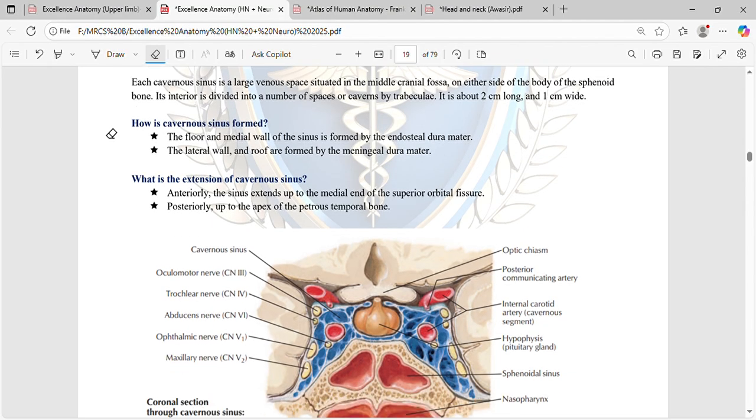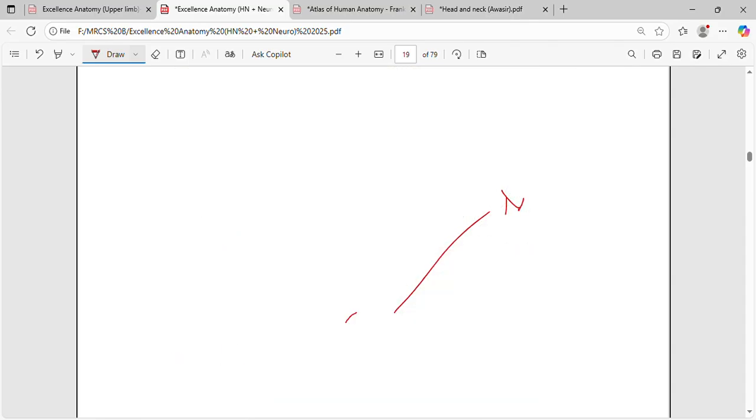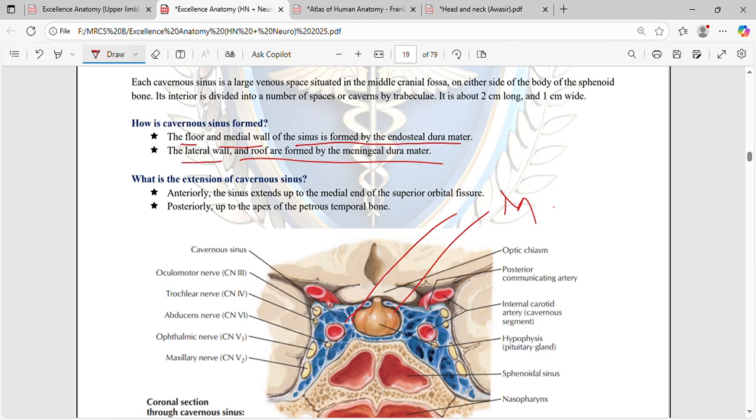How is the cavernous sinus formed? The floor and medial wall of the sinus are formed by the endosteal dura mater. So this is the point actually. The lateral wall and the roof are formed by the meningeal dura mater. So here you can see this is the medial wall of the cavernous sinus, and this is the lateral wall of the cavernous sinus.